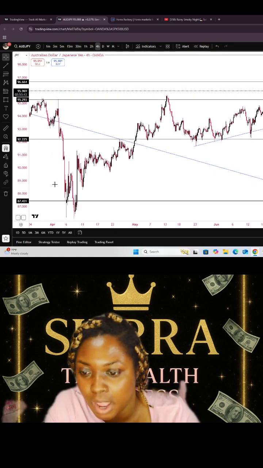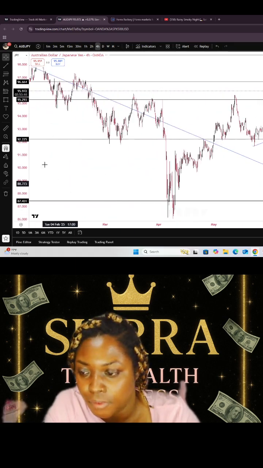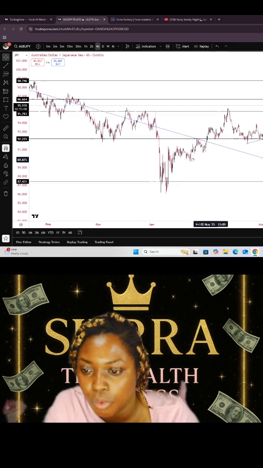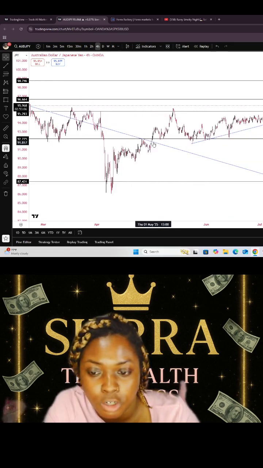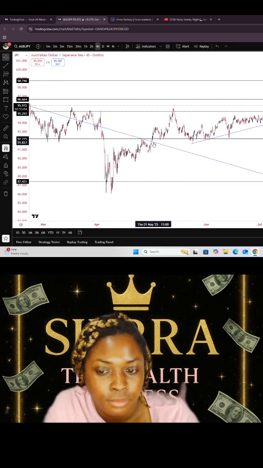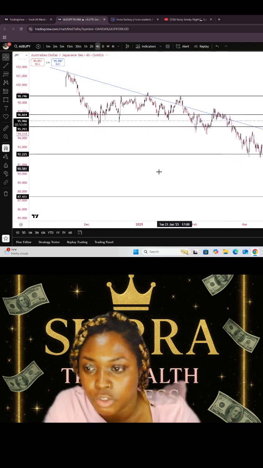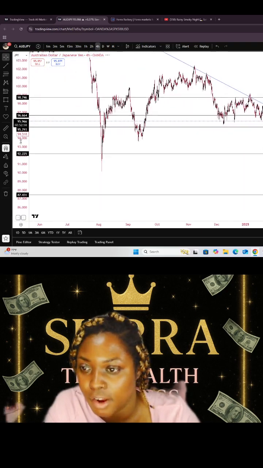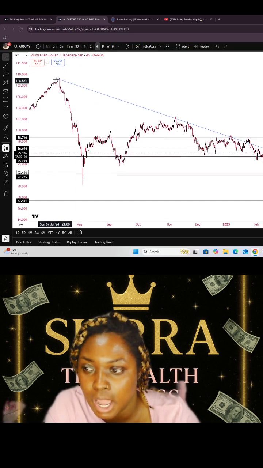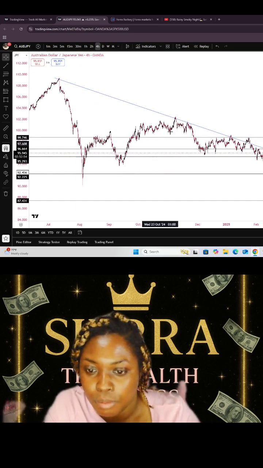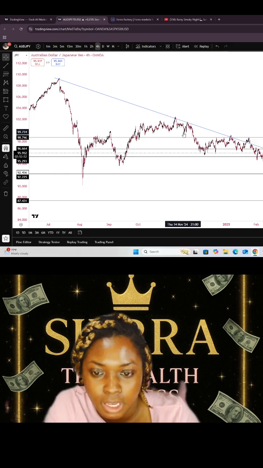Okay. Now, let's focus on this buy right here and the confluences that we have for this buy. Confluence number 1. Price broke our trend line. It got on top of our trend line. This trend line was a sell trend line. Every time price came to this trend line, price sold. Price came back to this trend line, it sold.